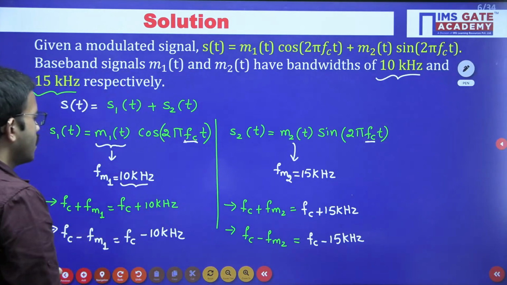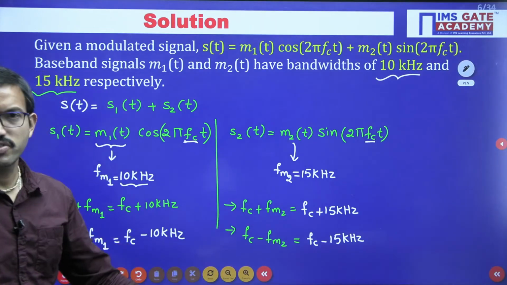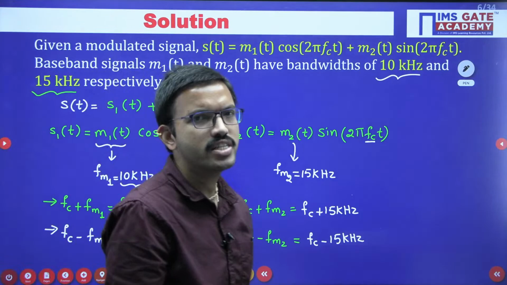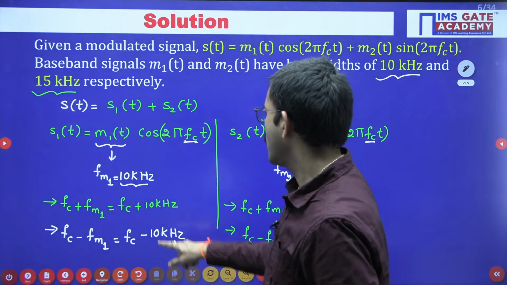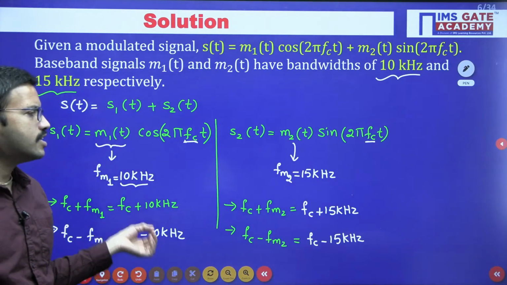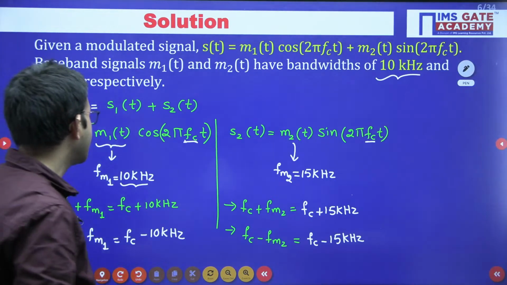Okay, right. Now just observe these 4 frequencies. Among all the 4 frequencies, which one is the larger one and which one is the smaller one? Yes, just observe here.